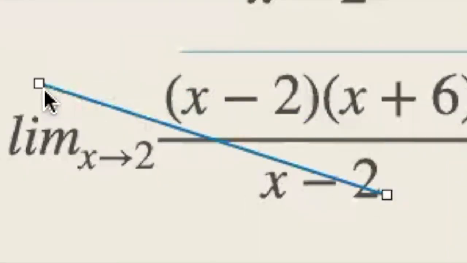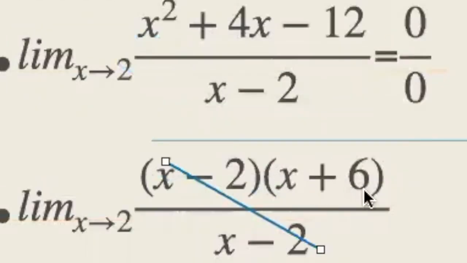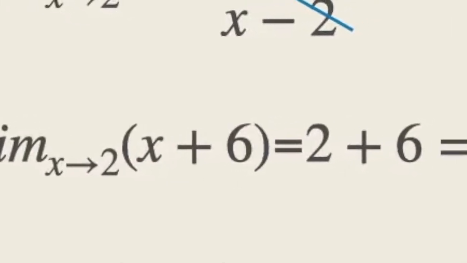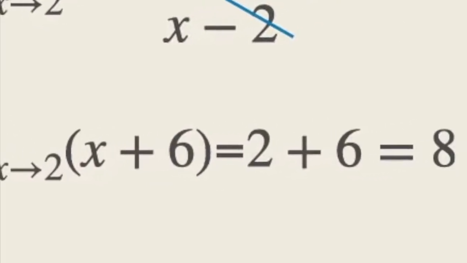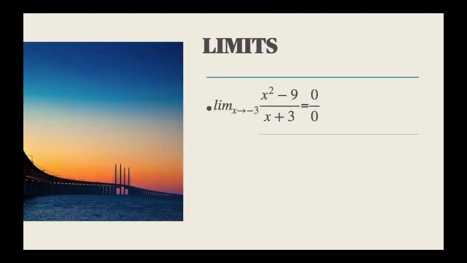So these two cancel. So what is left is the x plus 6. And once we have canceled, we can substitute the limit, which is 2. So we have 2 plus 6 to give me 8. Now, what about the limit as x tends to negative 3 for x squared minus 9 over x plus 3?